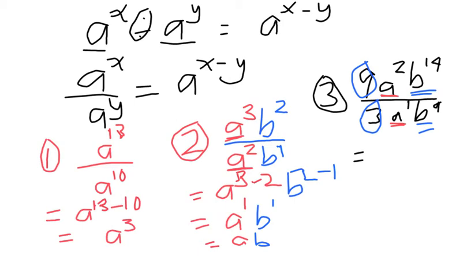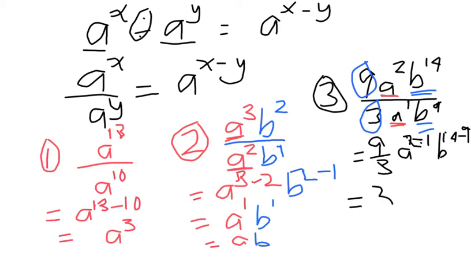So our working out should look like 9 divided by 3, A, 2 take away 1, and B, 14 take away 9. So, firstly, what is 9 divided by 3?